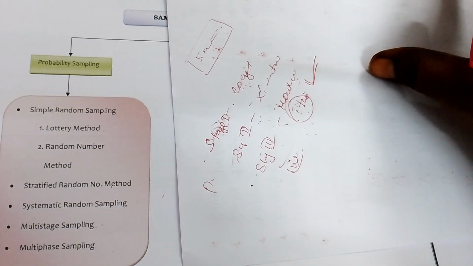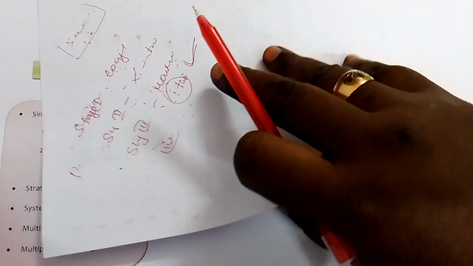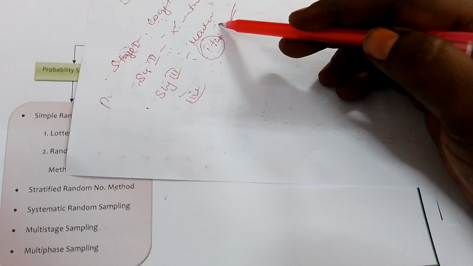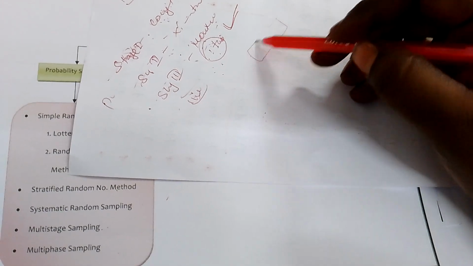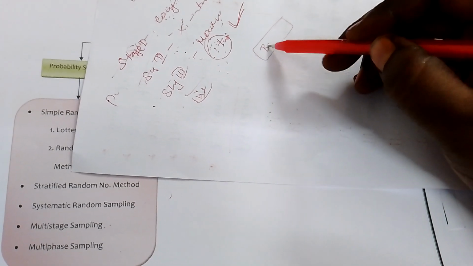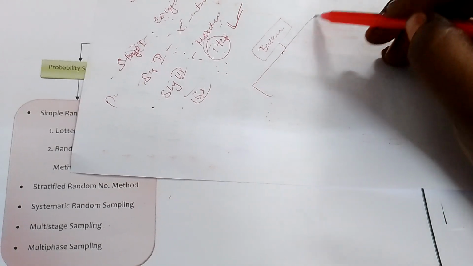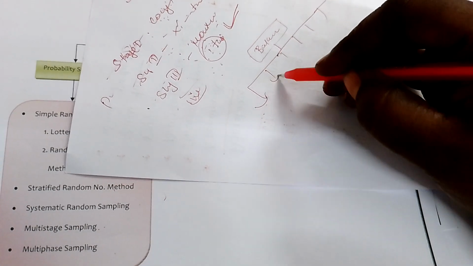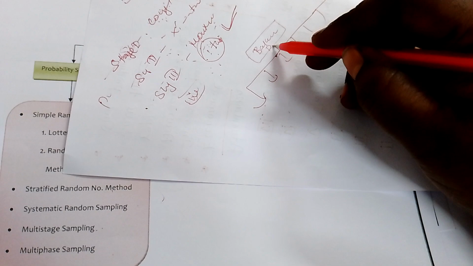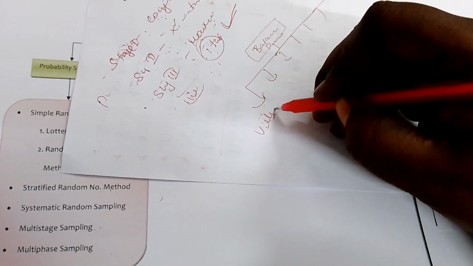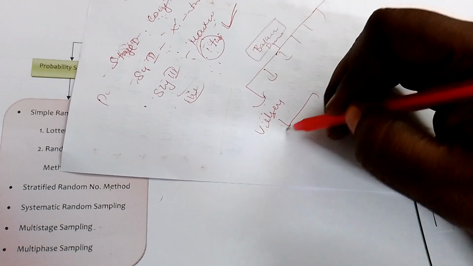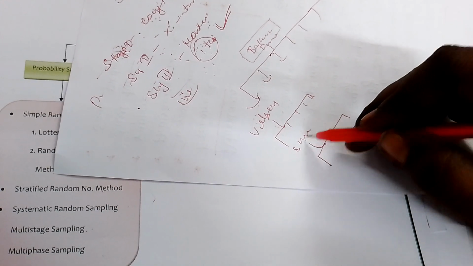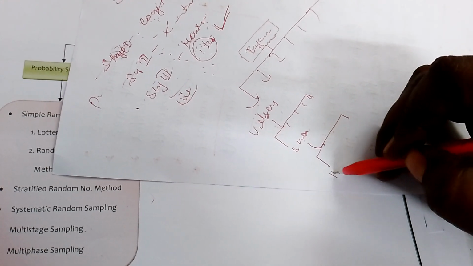What is this, madam? Multi-phase sampling. Suppose the government gives me funds and asks me to implement throughout the Bankura district. So in the Bankura district, I will see how many territories there are, how many villages, how many streets in each village, and how many houses on each street.